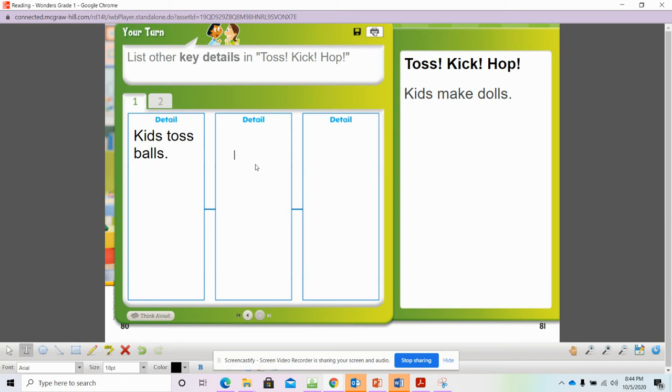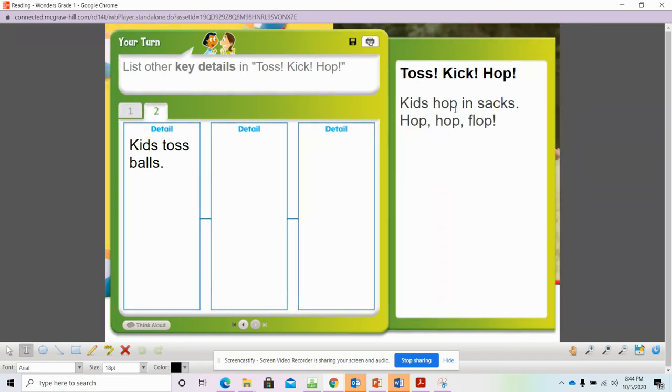Well, we could say something like, kids make dolls with their friends. Period. Okay, so that's another detail. That's something else that I found out from reading the story.